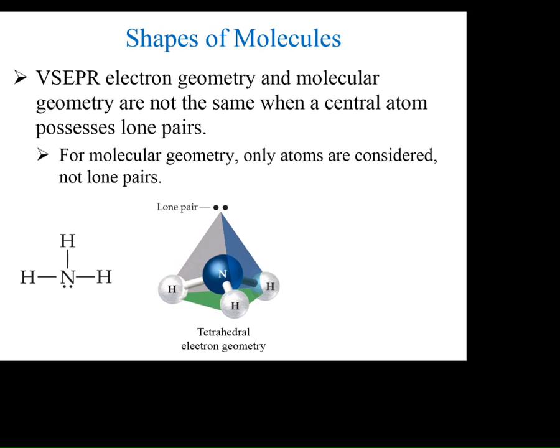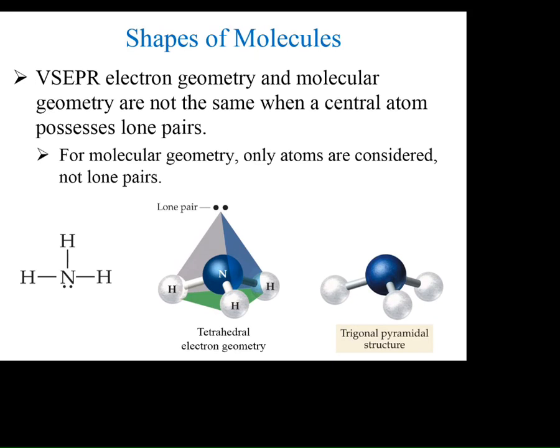Now, 3 of those groups are bonded to a physical atom there, right? You have an atom. But one of them is just a region of negative charge, not actually attached to an atom, just a lone pair. So again, when you look at it, though, and you just consider the atoms, that doesn't look tetrahedral anymore. It doesn't look like something with 4 different objects around it. It only looks like something with 3 coming off of it. Can you see that? So it looks different when you don't consider this anymore.